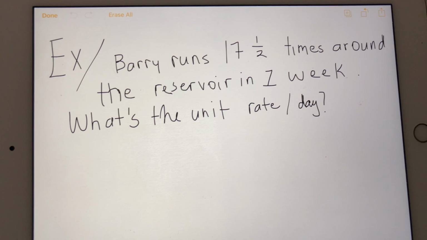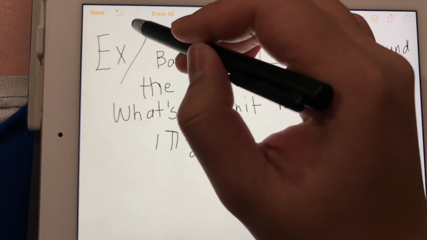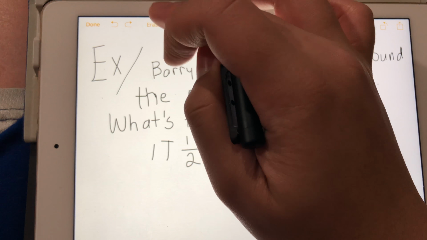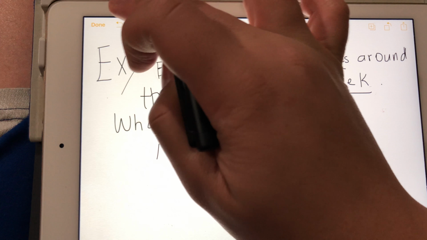17 and 1/2 over 1 week. Okay, and then they want the unit rate per day.